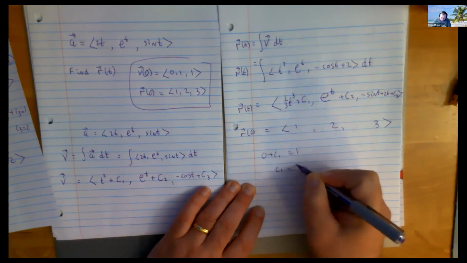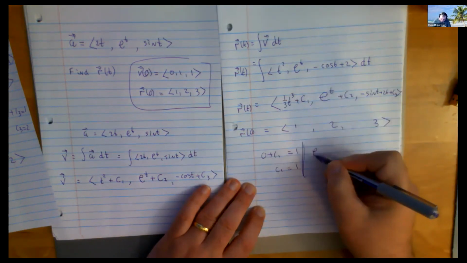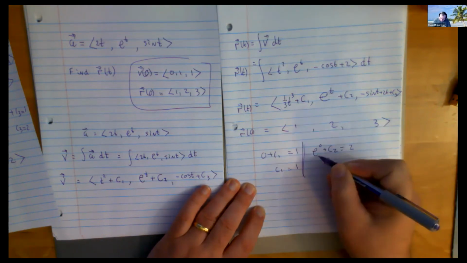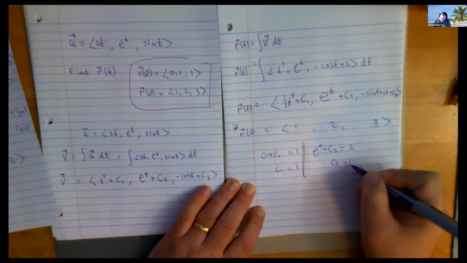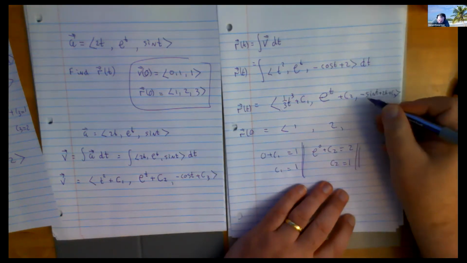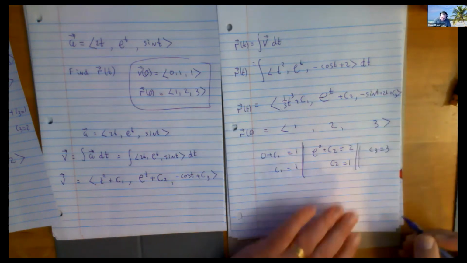So I now know what C1 is. If you plug 0 in here, I have e to the 0 plus C2 has to be equal to 2. That's 1, so that makes C2 equals 1. And the last one, if you plug in 0, that gets you 0. So basically C3 has to be, in this case, 3.